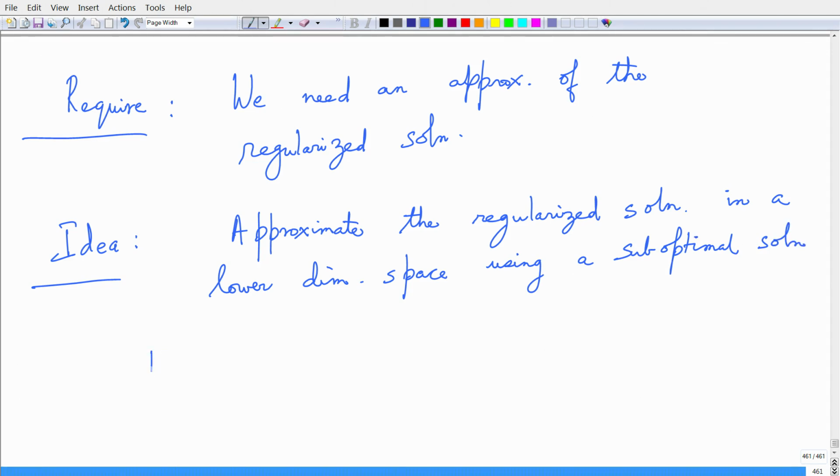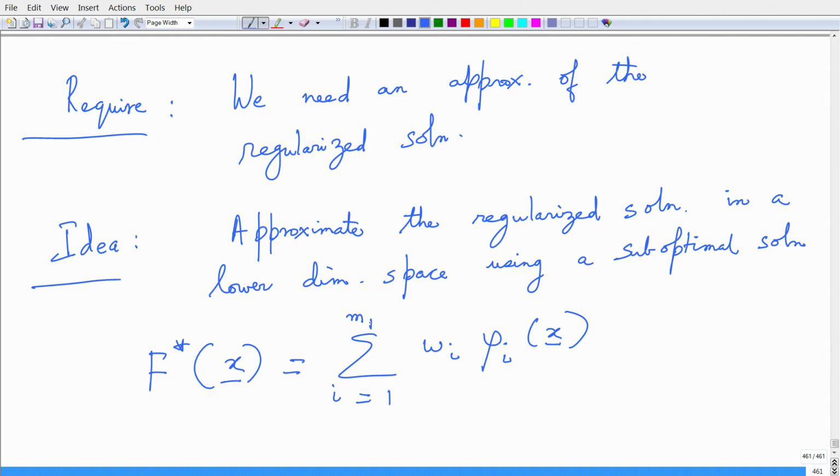What this means is I want f star of x expressed as a linear combination of my basis, which is a new set of basis which is given by phi_i acting on x. It is a linear combination, but I have a far fewer set of bases in an M1 dimensional space where I am approximating this function.